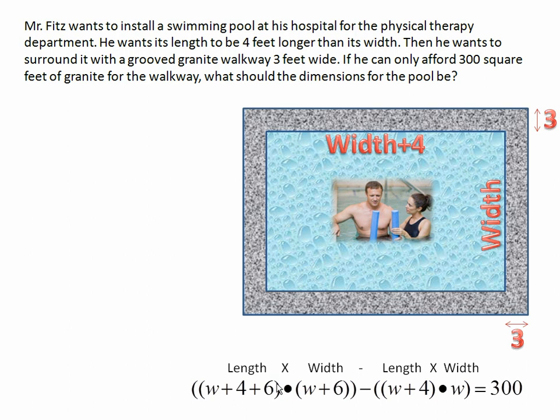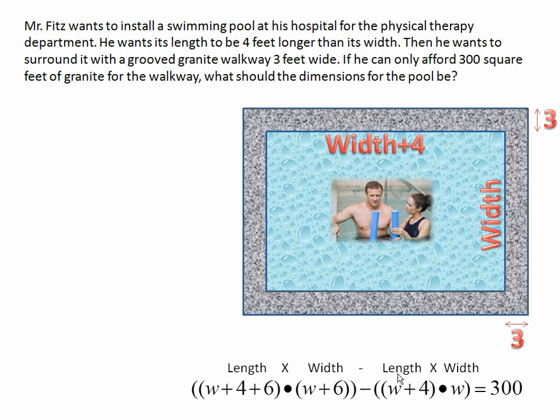And so what we get is the larger rectangle is really W plus 4 plus 3 more. It's the width plus 4 plus 3 more on this side and 3 more on this side. So it's really plus 6. And the width of the larger rectangle has this extra 3 feet. So it's W plus 6.